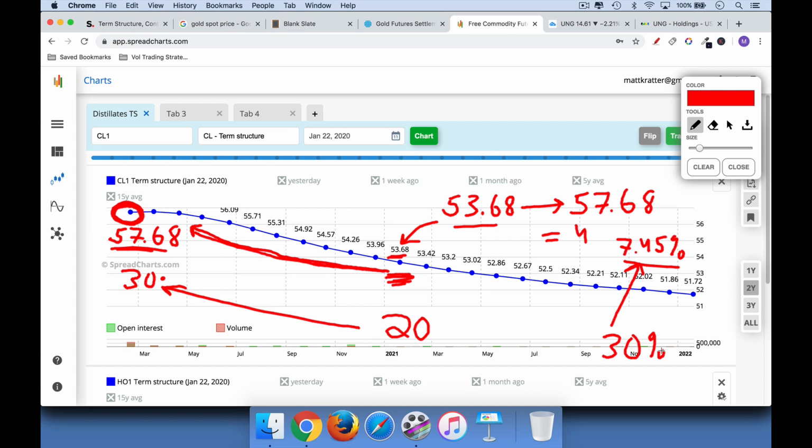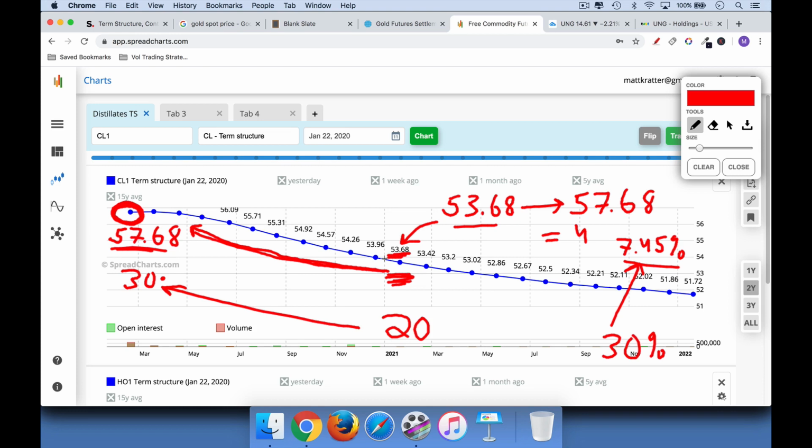Now, this only works if your view of the market is different from what the market prognostication is. So let's say that the market turns out to be correct, and for January 2021 delivery, oil really is at 53.68.